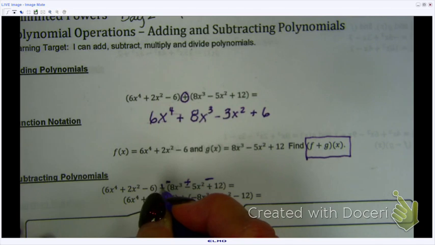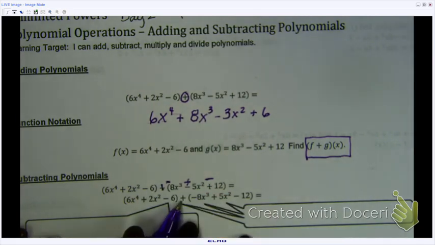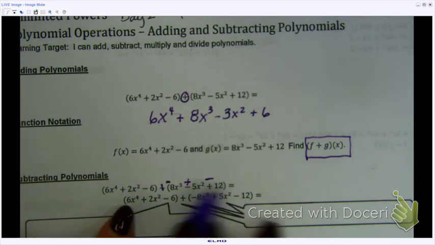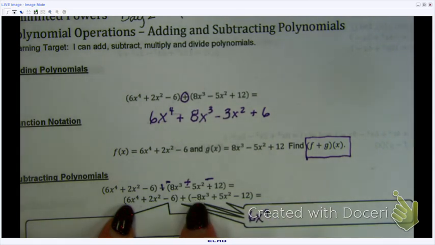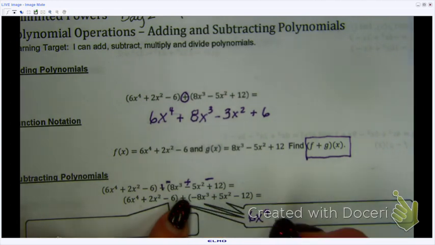And then you change this to a plus in the middle. But the signs are with the numbers. So now it's 6x to the fourth. Again, we still don't have a 6x to the fourth, so that stays the same. I mean, we don't have an x to the fourth to combine it with. But now we have negative 8x to the third.